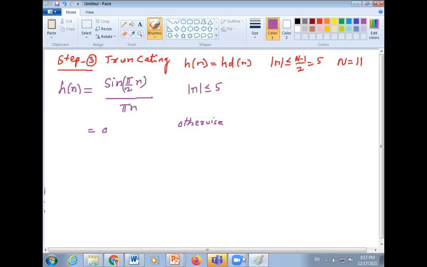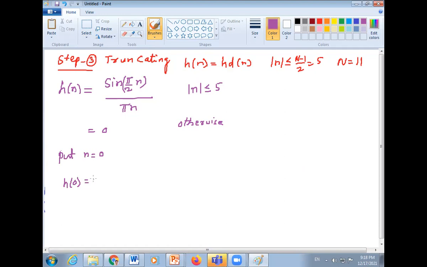Then by substituting n equals 0 in the above equation, we'll get h of 0.